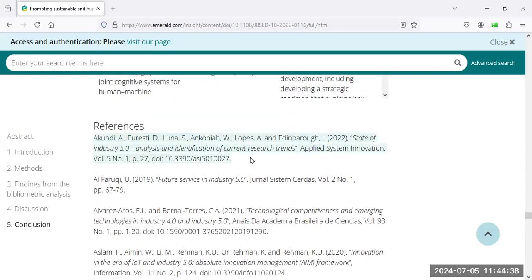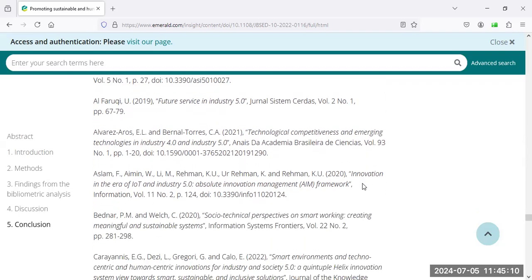The reference list explains the authors, then their year of publication. This is the title of the work. Applied System Innovation, this is a journal, volume 5, number 1, page 27. DOI, as I said, is a digital object identifier. When I click this, copy this one, put it in Google and search it, you can get the original source, right?